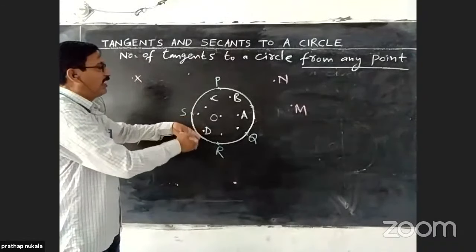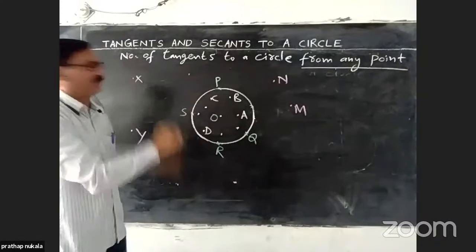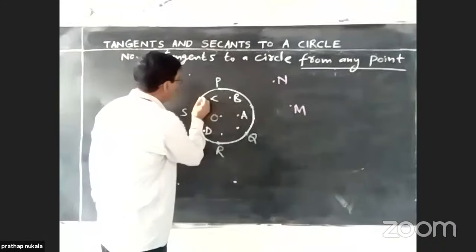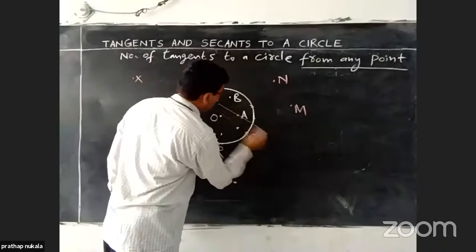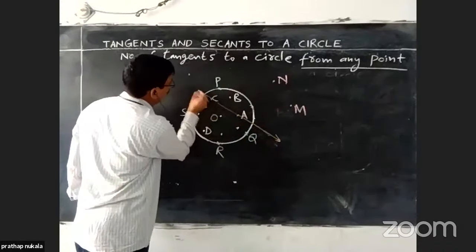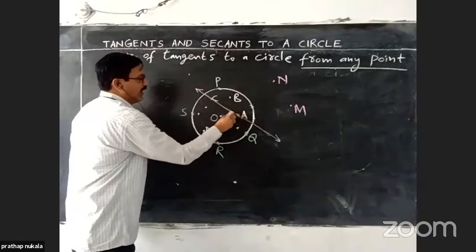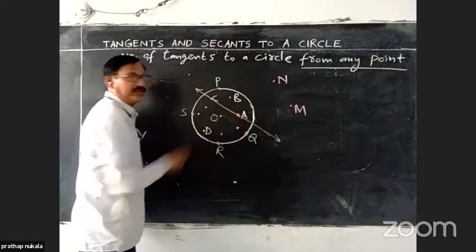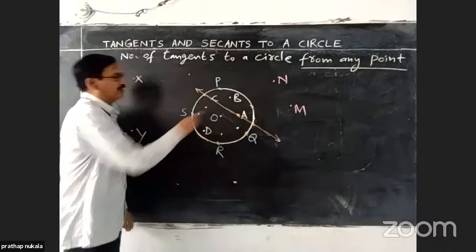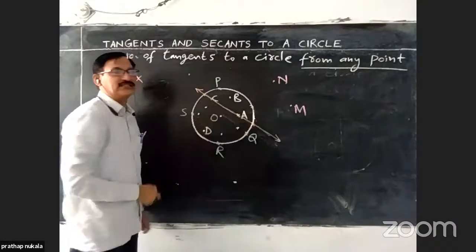Just draw a line through A, any side, anywhere, but it must be passing through A. This line is intersecting the given circle at two distinct points.